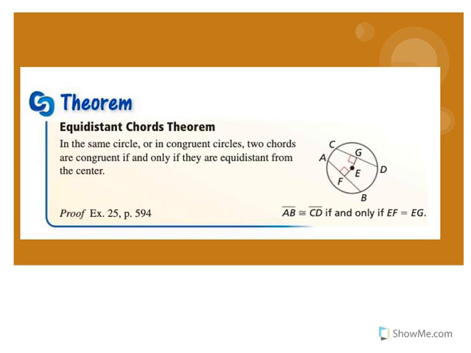The two chords, I'm going to change up my colors to make this fun. The two chords here and here, those are our two chords because they go to the edges of the circle, right? Are equal or congruent if they're the same distance to the center.